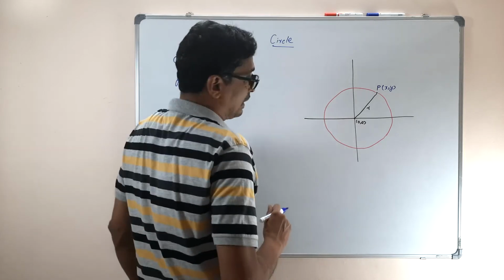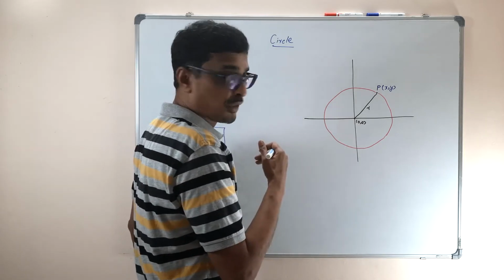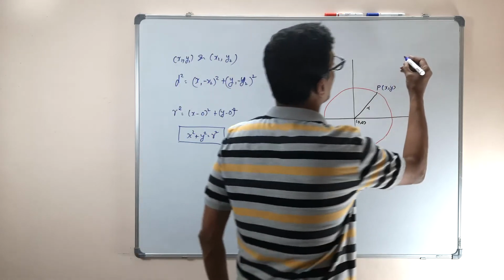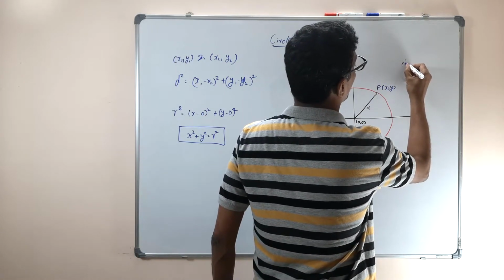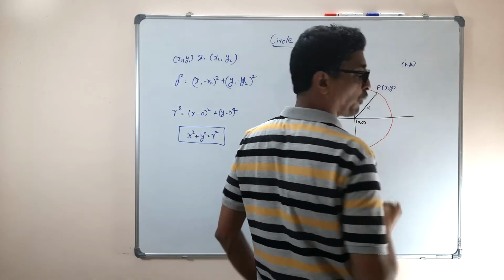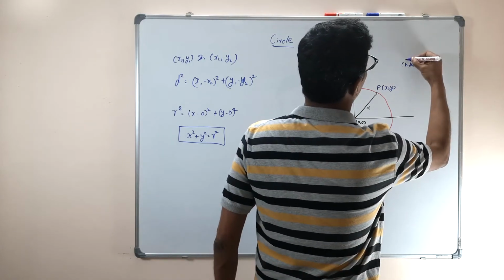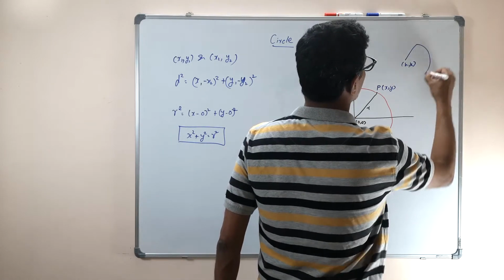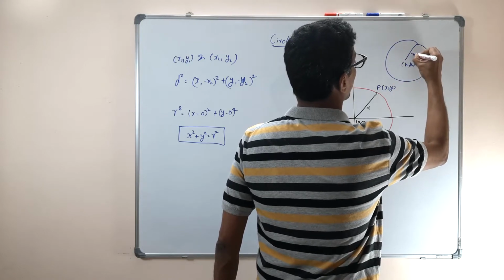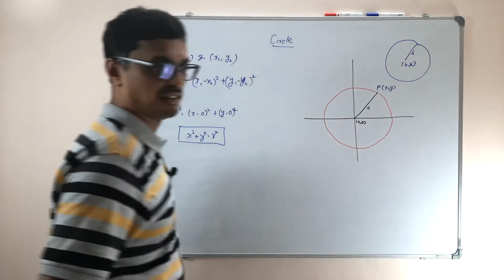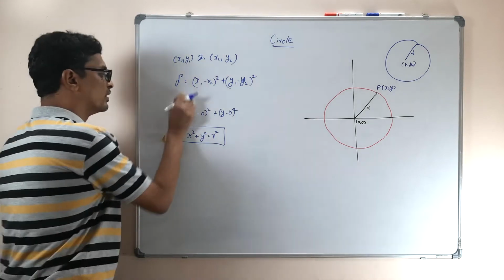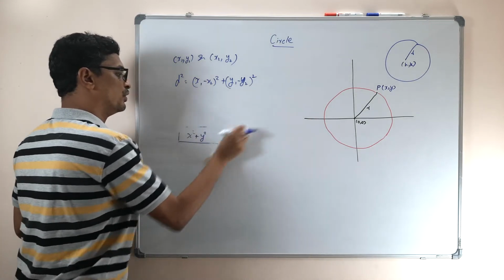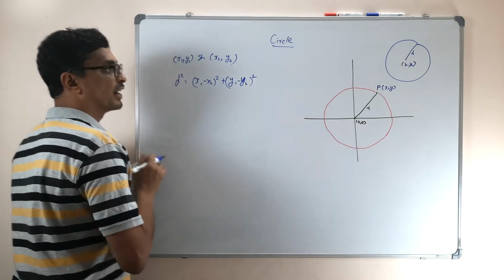But this is not necessary. I can give you a point. Let us take the point here, typical form is h comma k. And I am asking you, draw a circle with this as a center and the radius r. Then how will you do? The same thing. Again the distance.